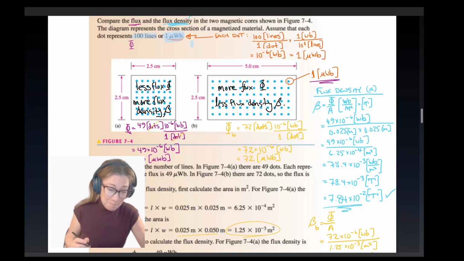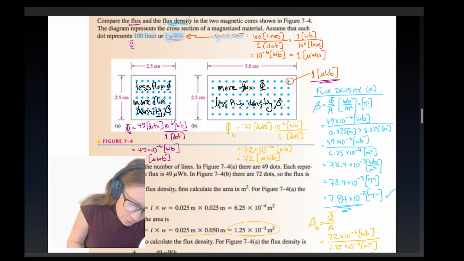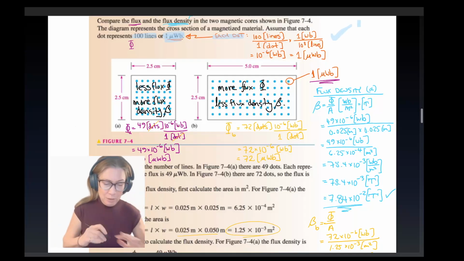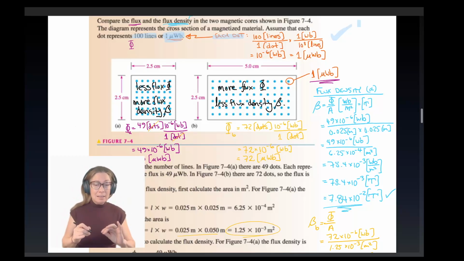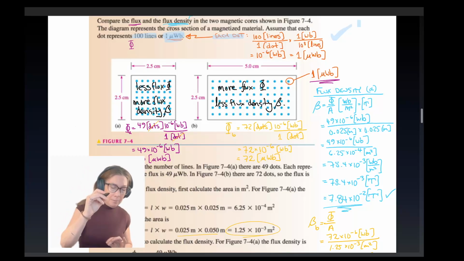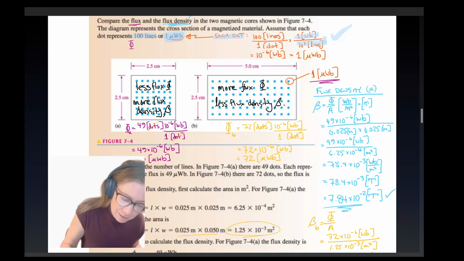I guess I counted them. Each of those dots represents 100 lines of flux per dot. We are given this. We know from our theory, from our lectures, that 1 Weber is 10 to the 8 lines of flux.